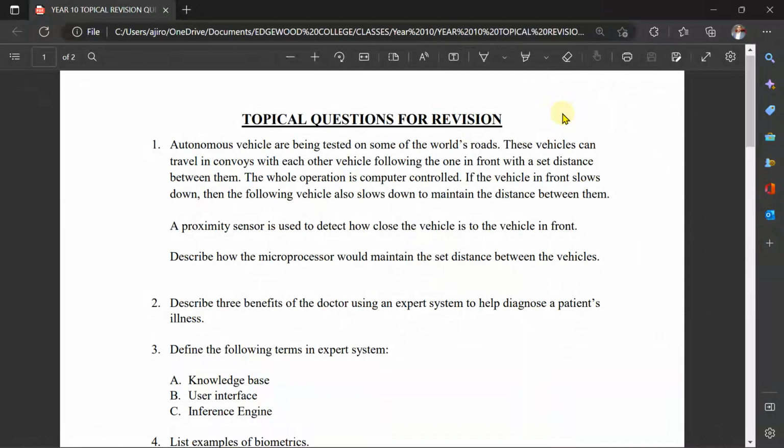Now the question is, describe how the microprocessor would maintain the set distance between these vehicles. So what are the things we need to look at to ensure that the microprocessor is going to maintain a distance between the vehicles?